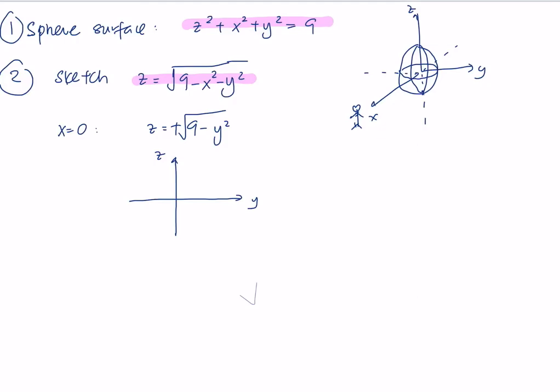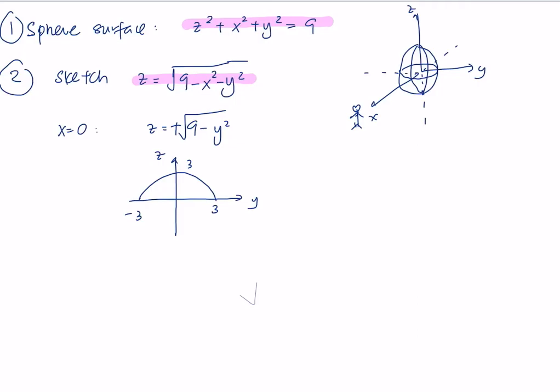So you have radius a, where a squared is 9, so a is 3. You will have 3, minus 3, and 3. Basically this is a circle, but since it is the positive part only, we have the semicircle here.